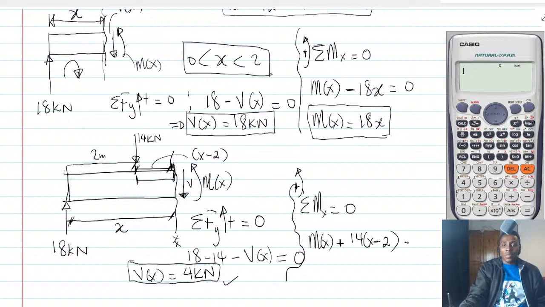Again, for the 18 guy, it's going to be what? Clockwise. So minus 18 multiplied by what? X. Yeah, x. Sorry. Is there any other force we have not looked at?